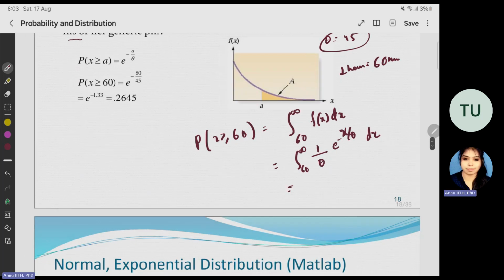Let's solve this. So 1 by theta e power minus x by theta into theta, from 60 to infinity.